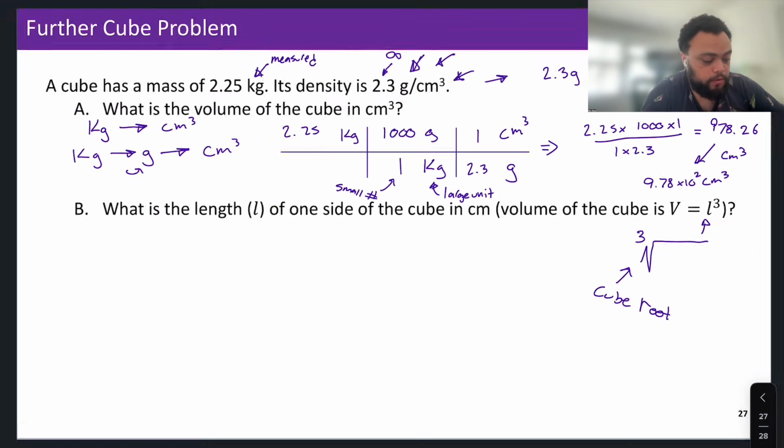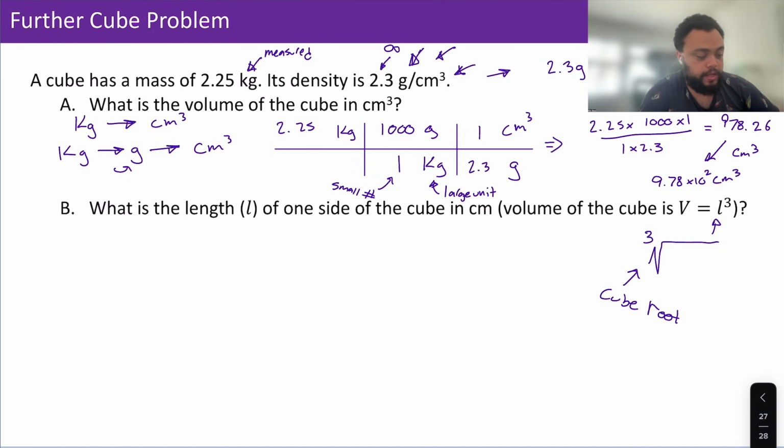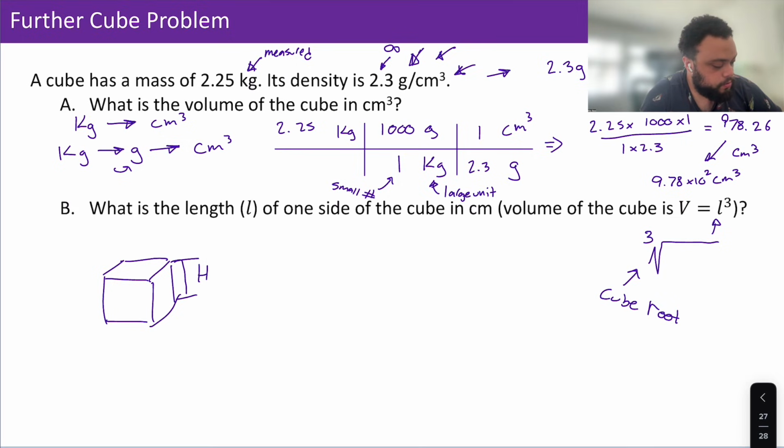Now, as I said before, we're going to just use the cube root to get what that length is, the length of one side of this cube, right? The cube is going to be, this is your H, this is your W, and this is your L, or your I guess lowercase l. That's your length times width times height.